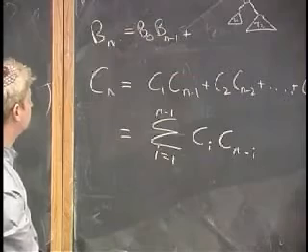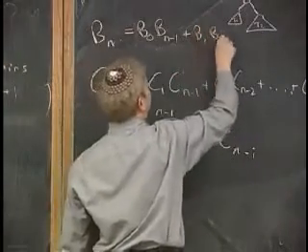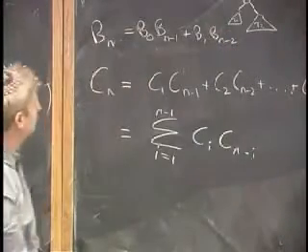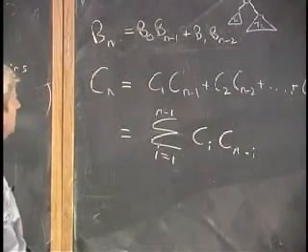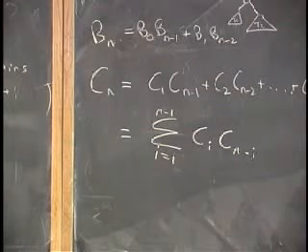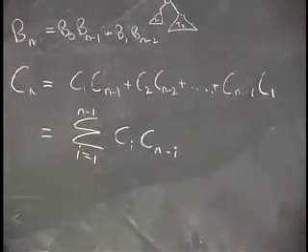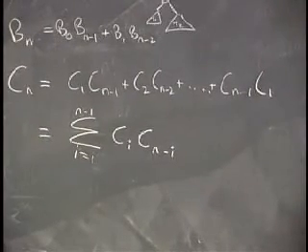Did we write the Catalan numbers correctly? Ooh, you've got to wonder. I think we did. Yeah. Oh, maybe we didn't. I start at 0 rather than 1.